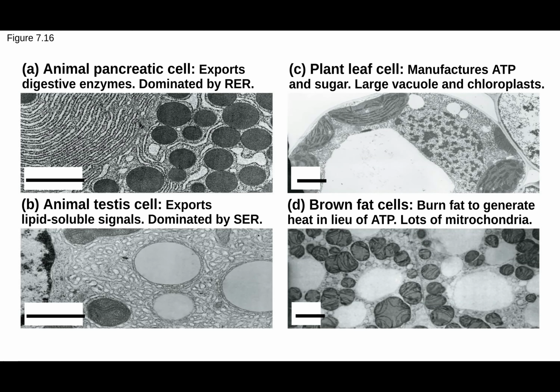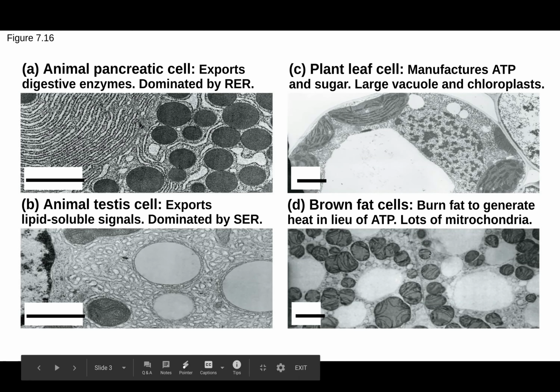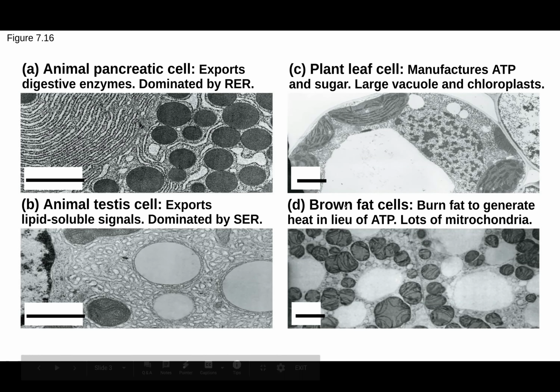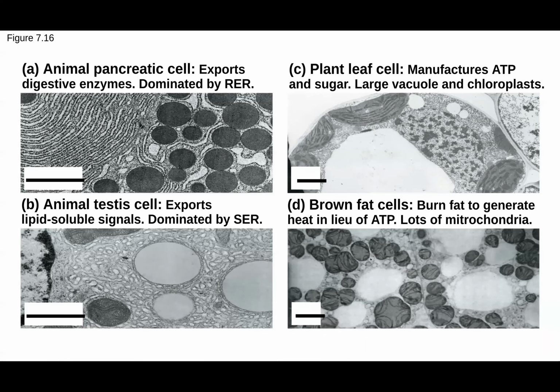Brown fat cells skip making ATP and simply try to make as much heat as they physically can. All this heat is good for babies because babies need to be warm. Babies also don't shiver. So that's brown fat.